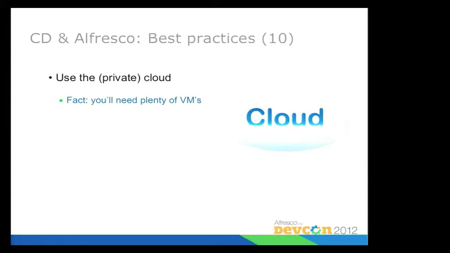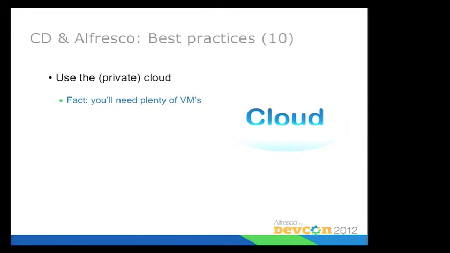So you need a database, you need your Alfresco server, you might need a directory server, things like that. You can install it on the same VM, you can share it across VMs and stuff like that. But you're going to need an infrastructure that is highly flexible, where you want to maybe add CPU resources as needed, where you want to change the amount of memory that's needed.